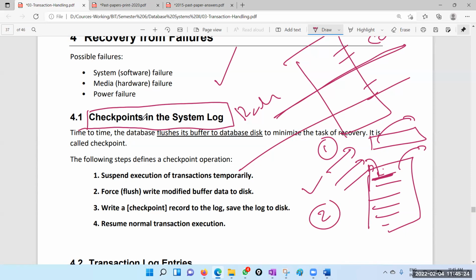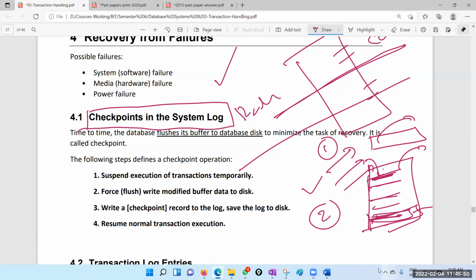When a checkpoint is done, you write it to the transaction log saying a checkpoint is done at this particular timestamp. So your transaction log will have all the read operations, write operations, the commit operations as well as checkpoint operations, saying that at this particular time a checkpoint was taken. Checkpoint is sometimes called a save point.